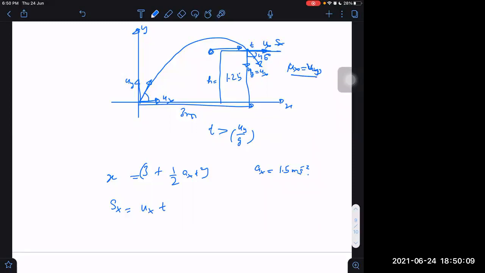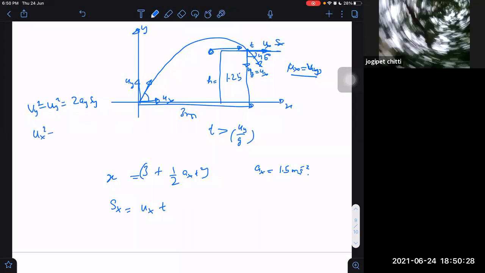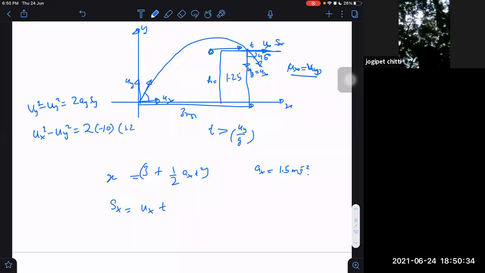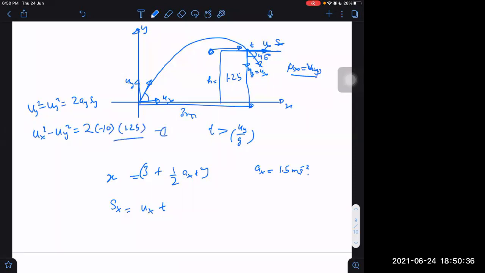One more relation along the y-axis: vy square minus uy square is equal to 2 into ay into sy. Sy is given as 1.25. And vy is equal to ux. So ux square minus uy square is equal to 2 into minus 10 into 1.25. This is one equation we have here.